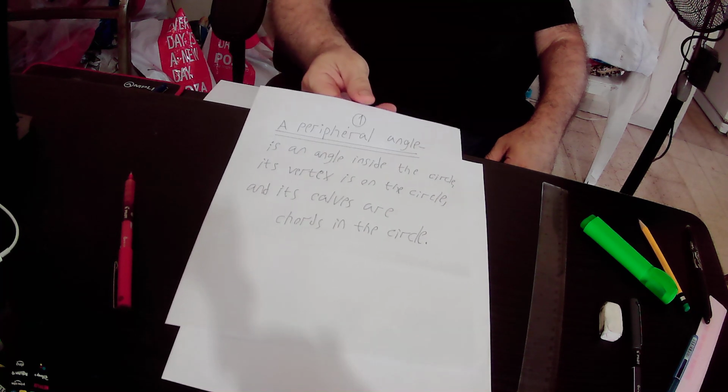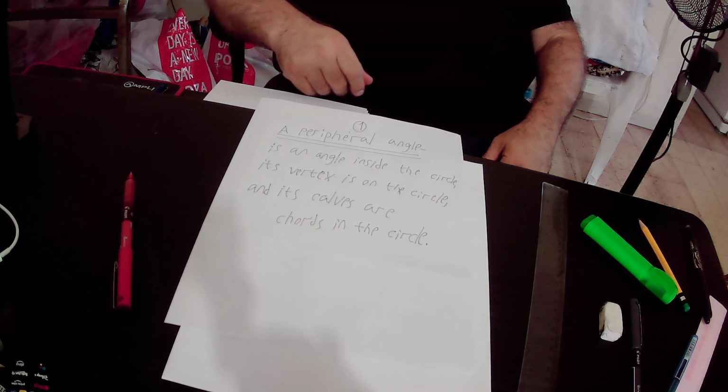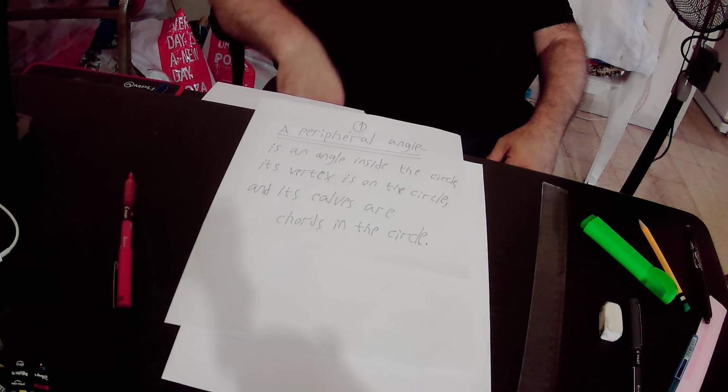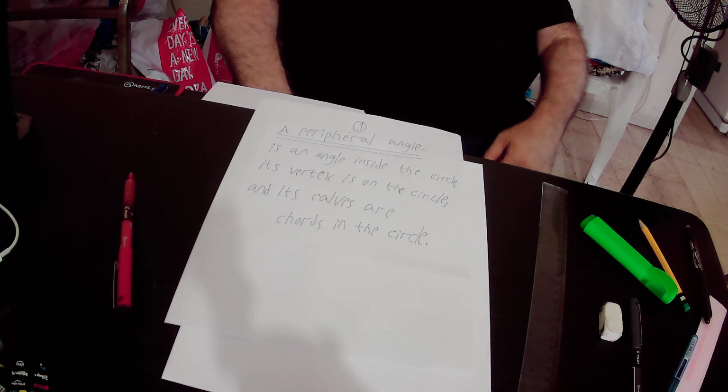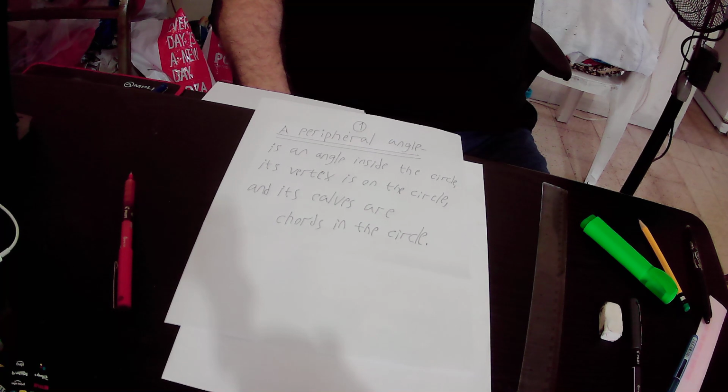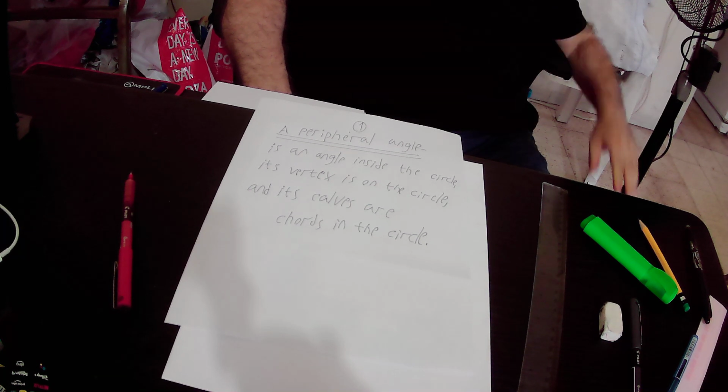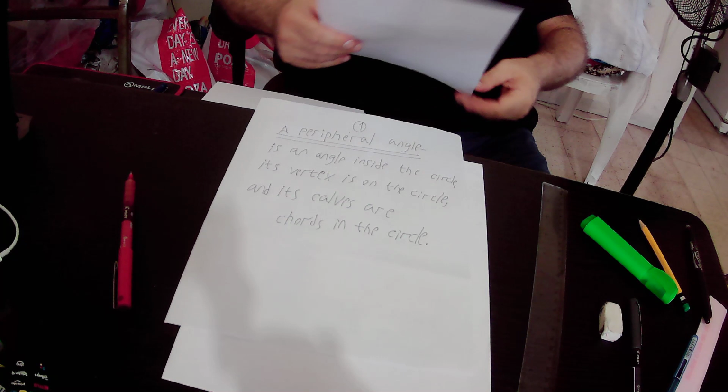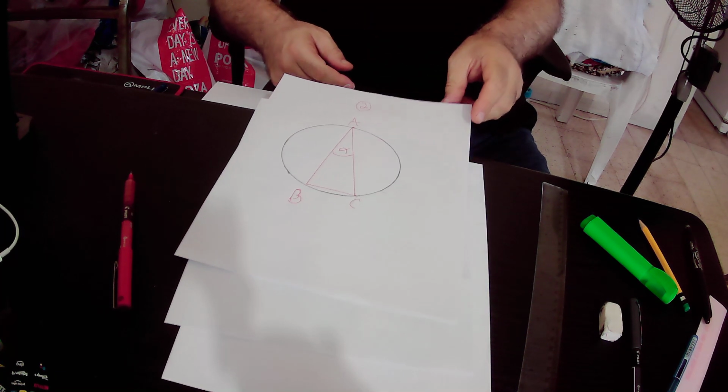The definition of a peripheral angle is an angle inside the circle, and the vertex of a peripheral angle is on the circle, and its arms are chords in the circle. So I gave you an example of a peripheral angle alpha.